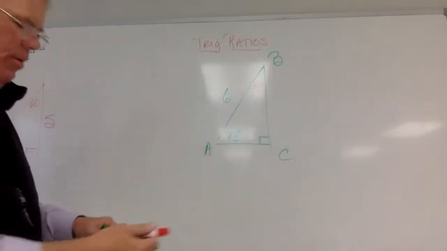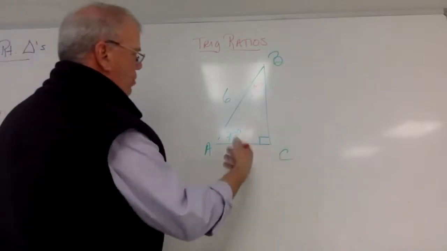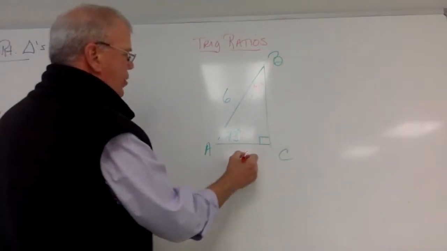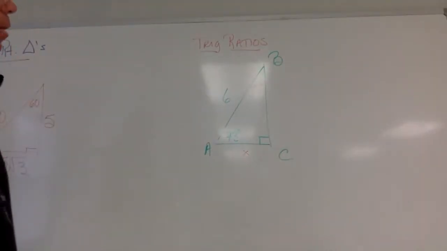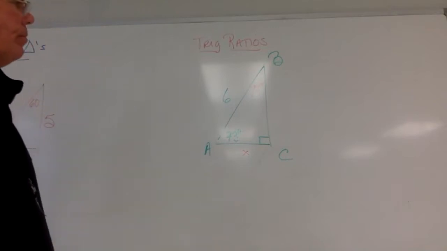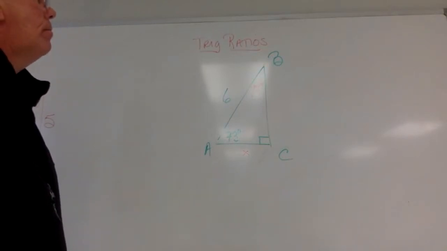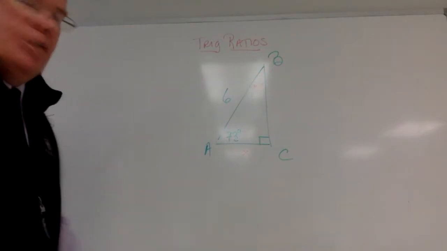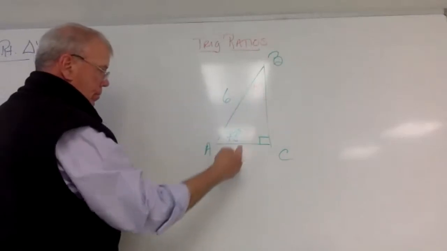So now I can figure out any of the other sides. Which one? Let's figure out side B first. So what do you want to use? What can we use? Can I use the sine?